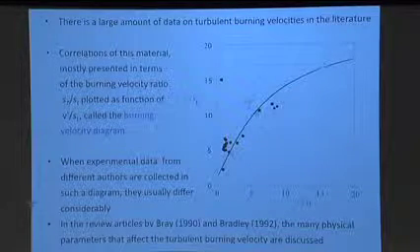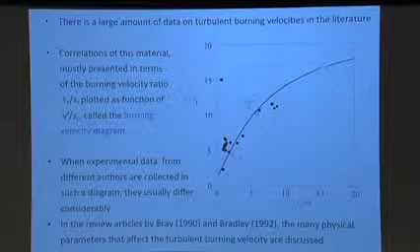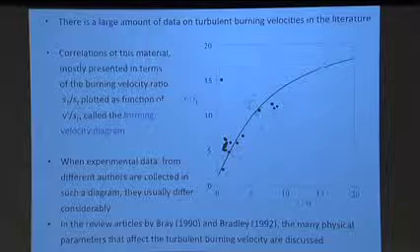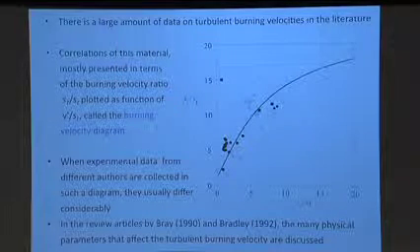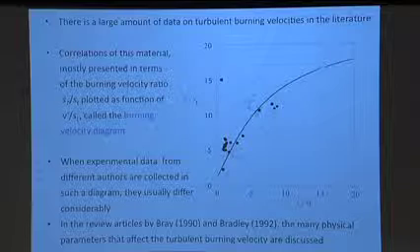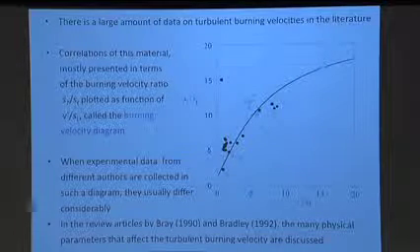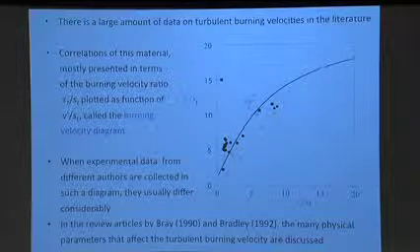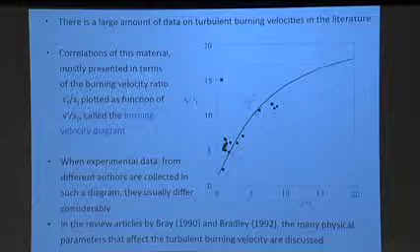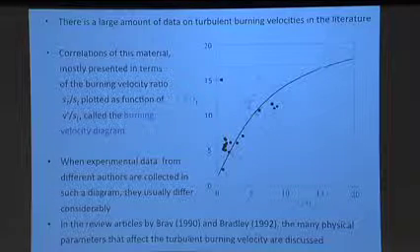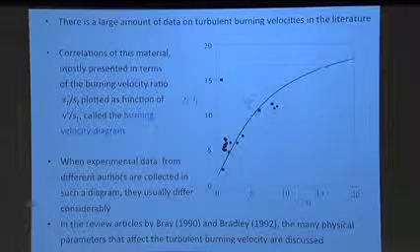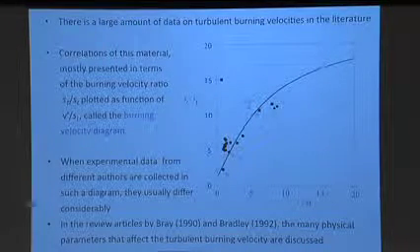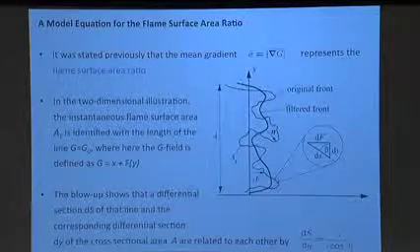Now this shows a comparison with experiment: ST over SL as a function of v' over SL. You see there's a huge scatter in the different data, which might show either that it's very hard to measure or even to define this quantity, or that ST cannot be expressed as a sole function of v prime.